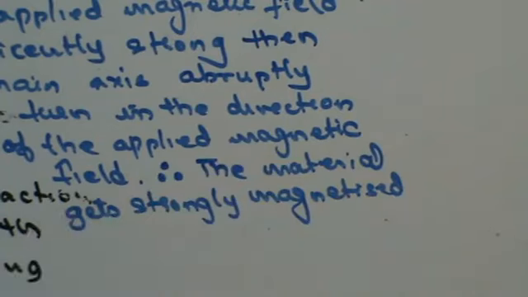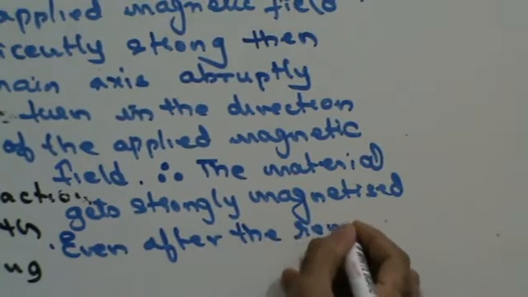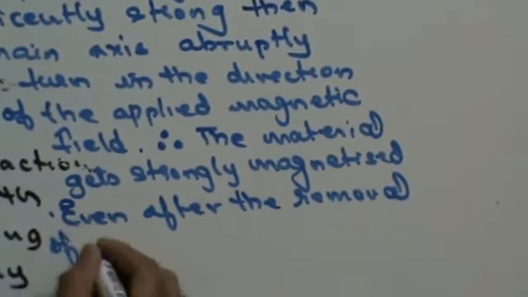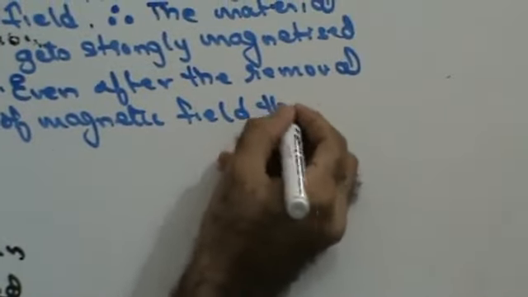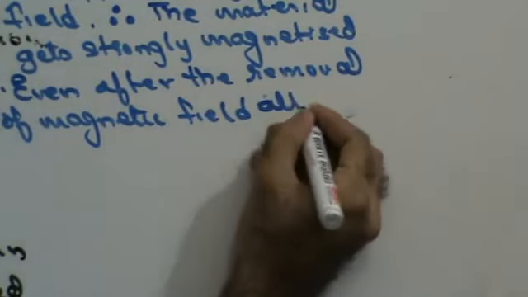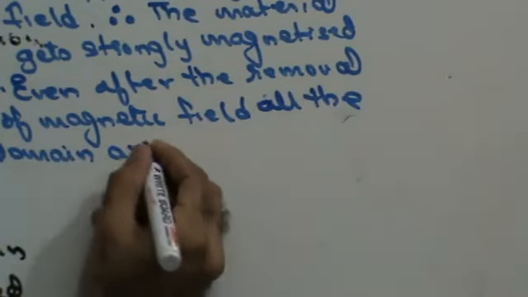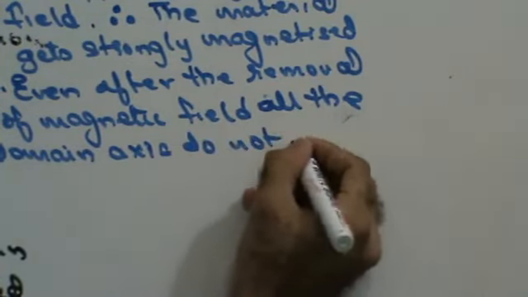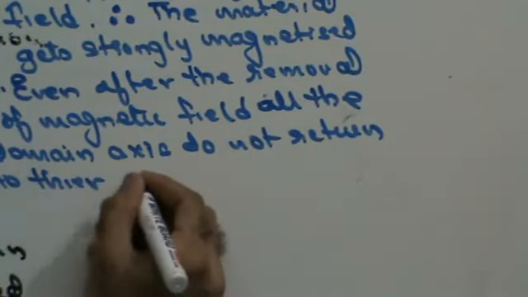Now, even after the removal of the magnetic field, all the domain axes do not return to their original position.